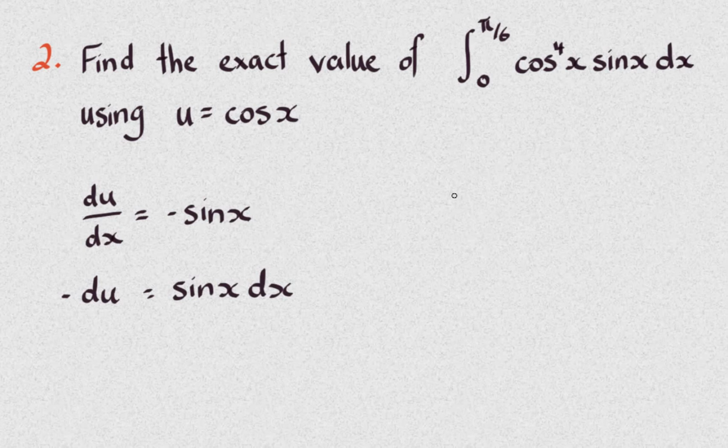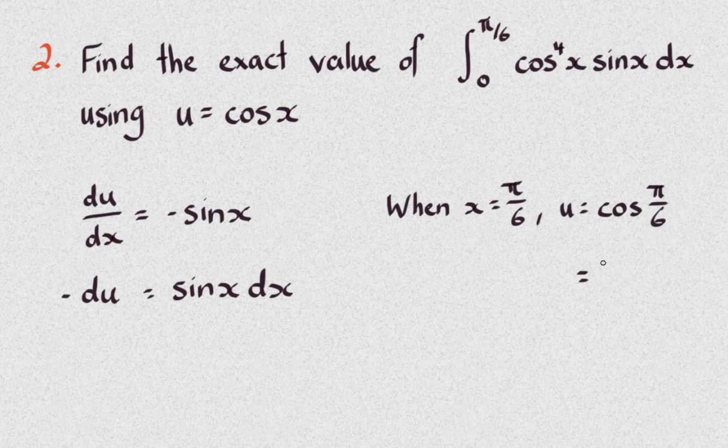Now we also need to adjust our limits. When x equals pi on 6, u is going to be cos of pi on 6. Remember, this is our relationship between u and x. And what is cos of pi on 6?